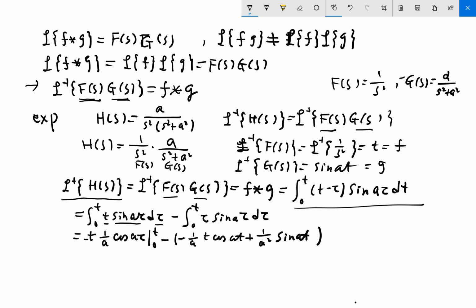You got the second part by this tau there, you cannot put this out. So you have to use integration by parts to get this. When you simplify, you get this: at minus sine at, divided by a squared.